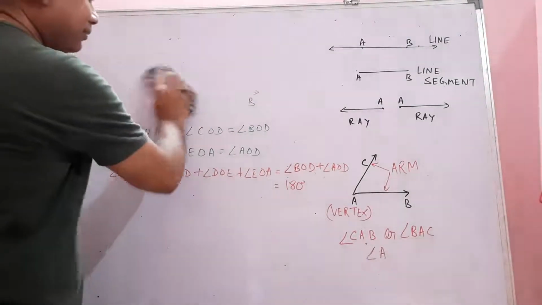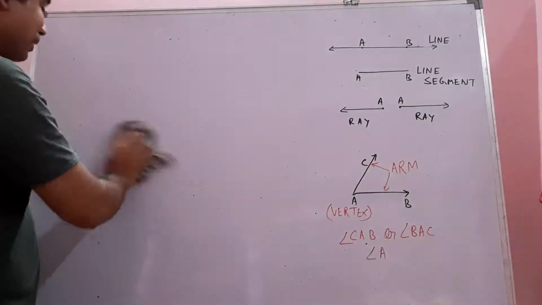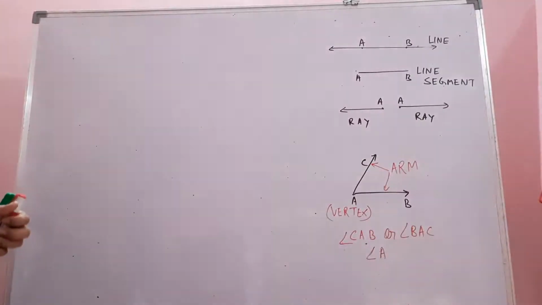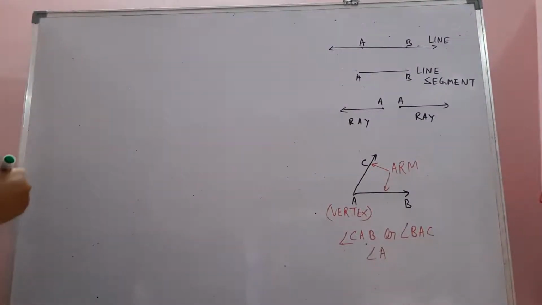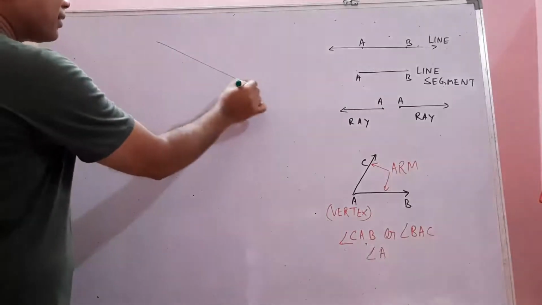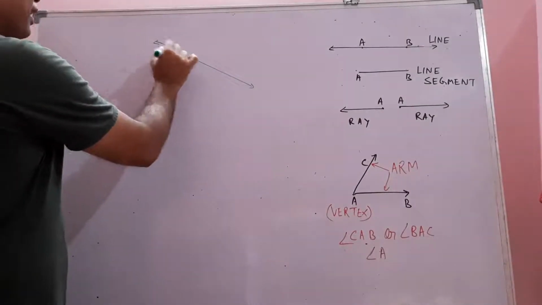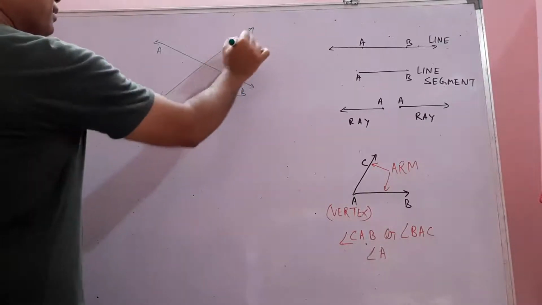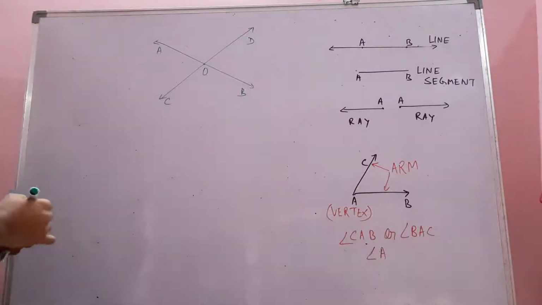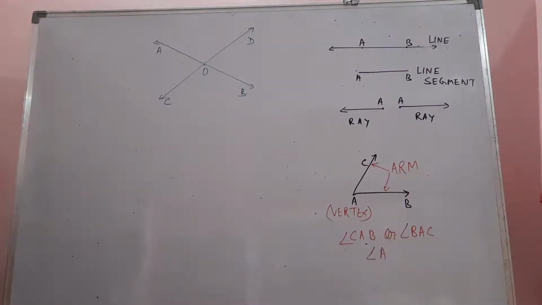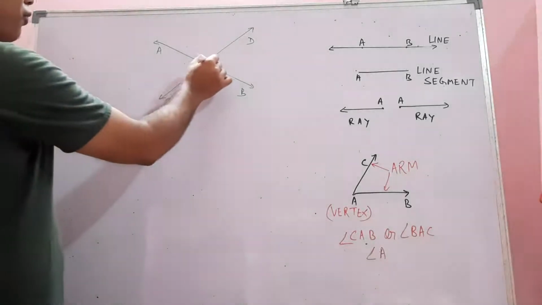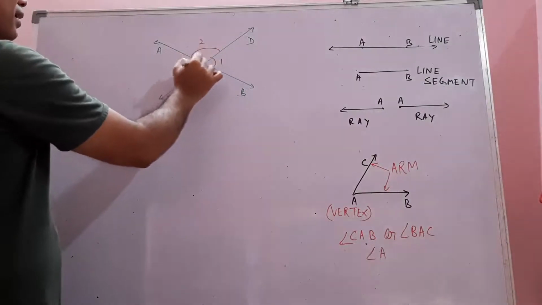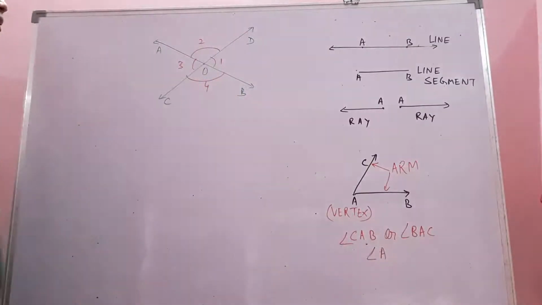Next thing which is used in this chapter, lines and angles, is this: suppose two lines or line segments, say AB and CD, intersect each other at point O. Two lines, or it may be line segments, intersect each other at point O. So when they intersect each other at point O, then in the figure you can see four angles formed.